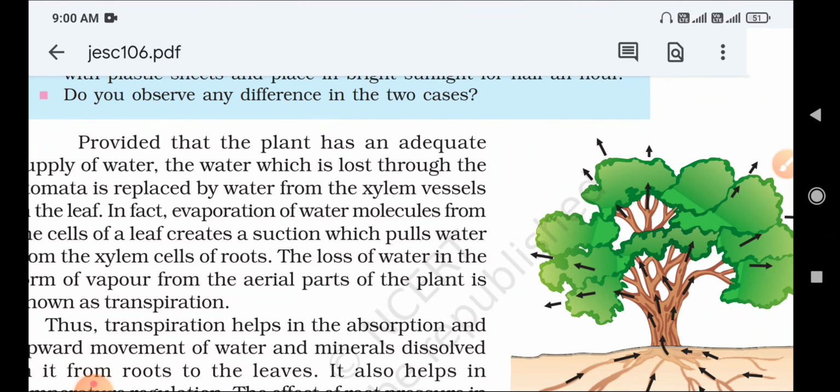Today we are discussing Class 10th, Chapter 6, Life Processes. In the previous videos we discussed how transportation of food, water and minerals takes place in higher plants.